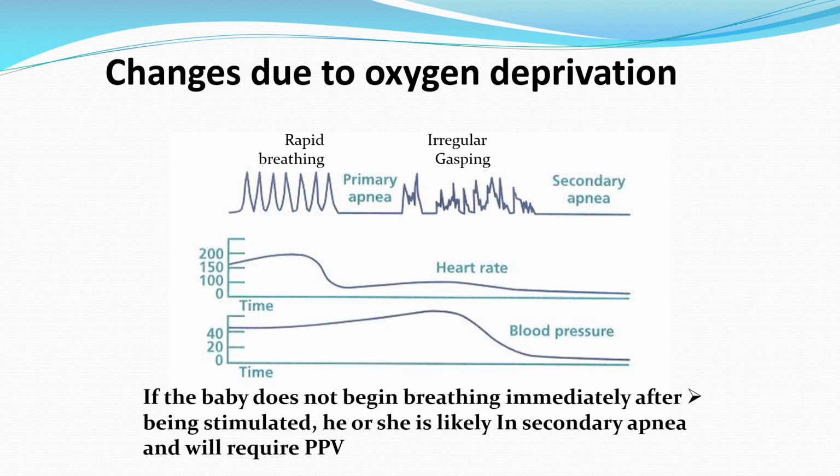The heart rate initially will increase and then start to decline, and the blood pressure is also increasing initially until the irregular gasp, then he starts to decline with secondary apnea.